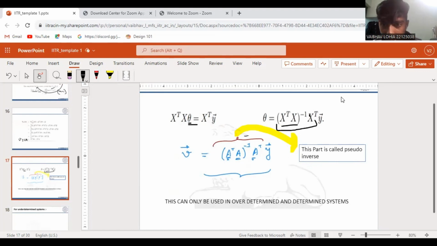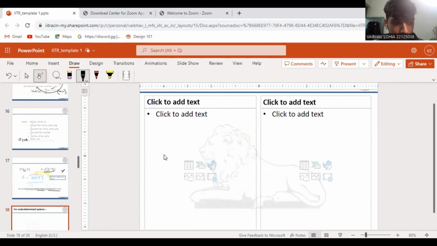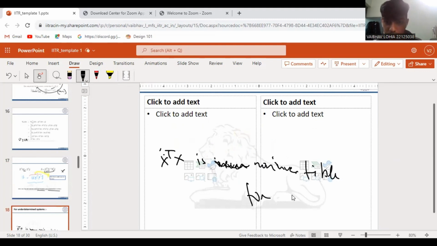This (X transpose X) inverse can only be done in overdetermined and determined systems, because in underdetermined systems this part, X transpose X, is non-invertible.